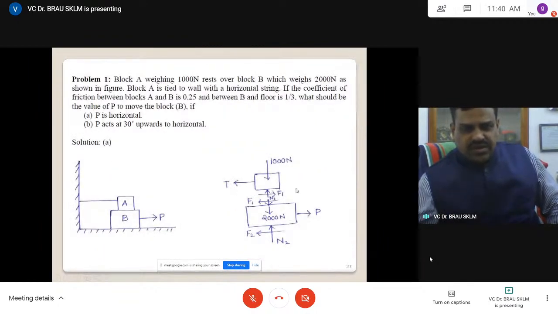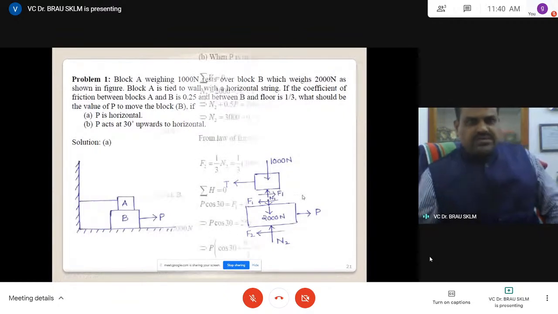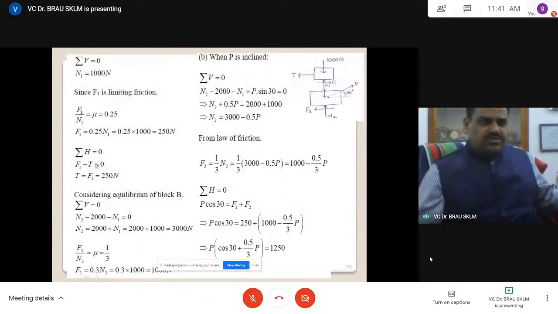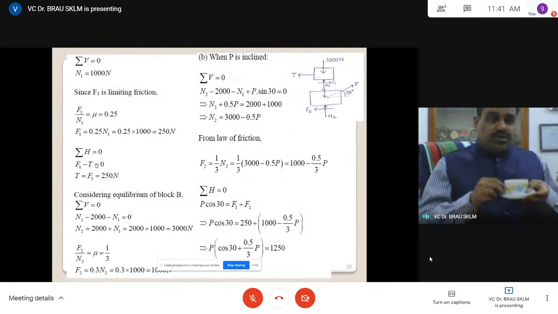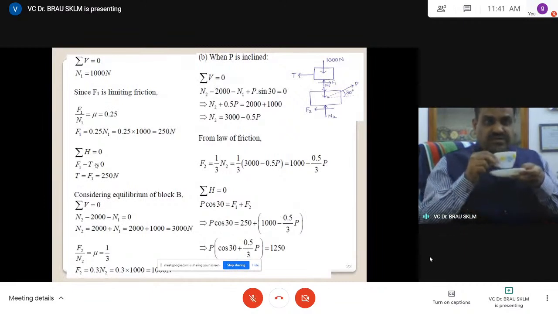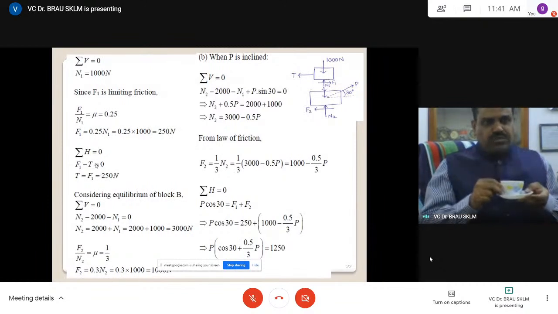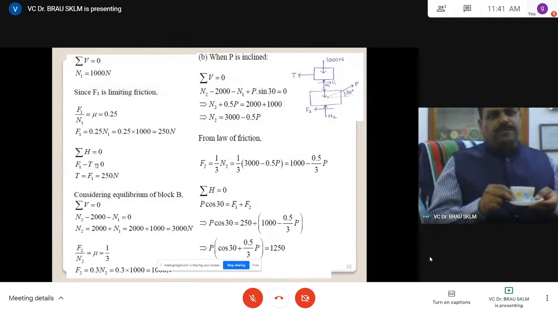The horizontal is T minus F1 equals 0, or F1 minus T equals 0. You can write in any form. Right side is positive or left side is positive, that is your choice. But throughout the problem, you have to follow the same convention. In one case right side positive and in another free body diagram left side positive, we can't do that. Throughout the problem, you have to follow one convention. Then F1 minus T is equal to 0.